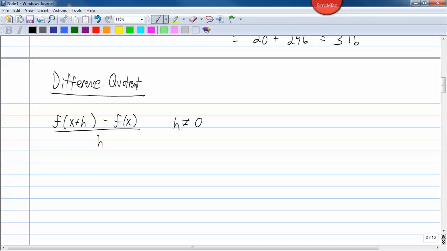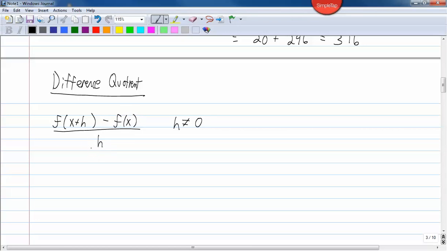You may be wondering, where does this h come from and what does it mean? It's just another variable here, and what it actually is is the amount that we can change x. So we're changing x by some small amount, subtracting the original function, and dividing by h.